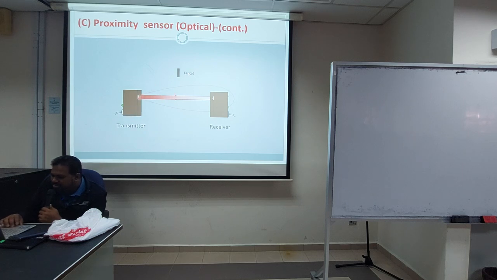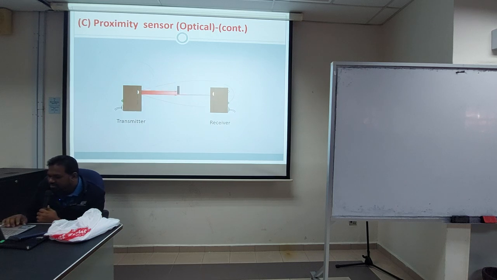So lampu pancar dekat sini, terima dekat receiver. So dia masuk dekat sini, so boleh tengok dia mula alang. Okay, alang, so lampu pun on. So dekat sini pun dia alang, so lampu on. Okay, so that's three different types of proximity sensors.